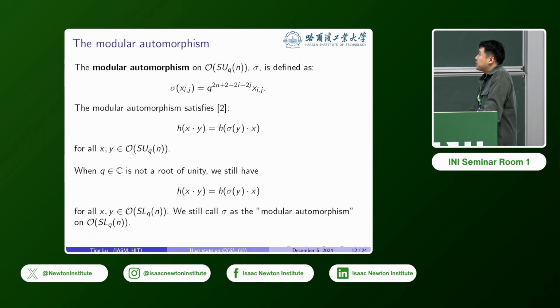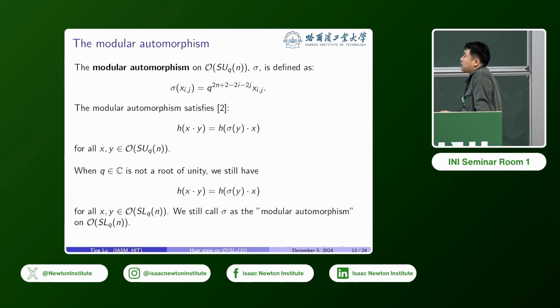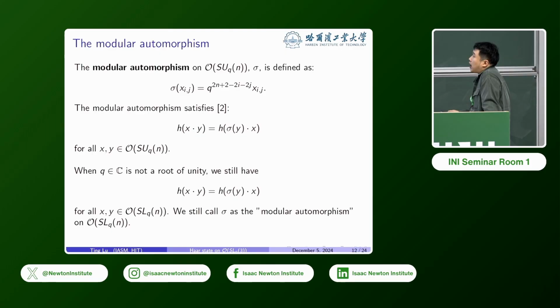Then I also need something important called modular automorphism to make our computation easier. The modular automorphism was originally defined on the compact real form. It's defined this way, and it satisfies this property, which is crucial in my research.